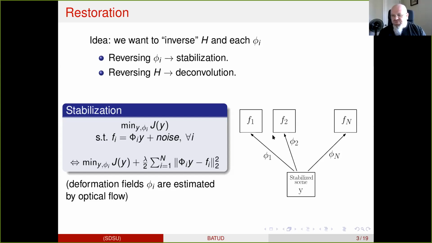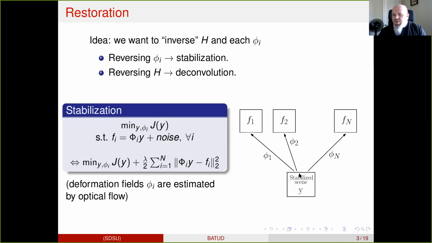So the idea is the following one. Let's take a look at this picture here. Imagine we have all those frames in our sequence, F1, F2 up to Fn, right? Imagine we have the stabilized image, the blurry image, and if you apply each phi, phi1 will give you F1, phi2 will give you F2, and so on, right?